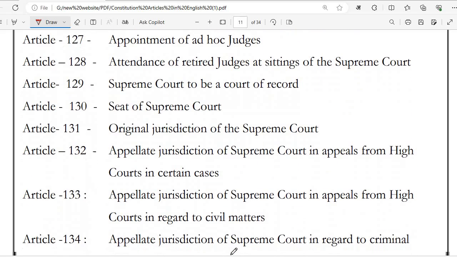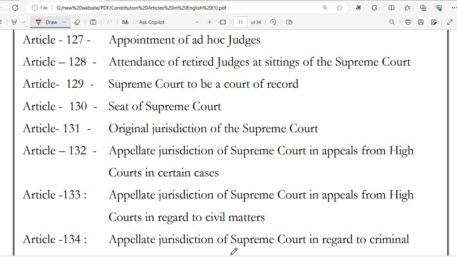Original jurisdiction of the Supreme Court under Article 131. Original jurisdiction means what? This is of two types, absolute or parallel. Some cases can only be brought before the Supreme Court, not any other court of India, and matters of violation of fundamental rights also fall under this article.